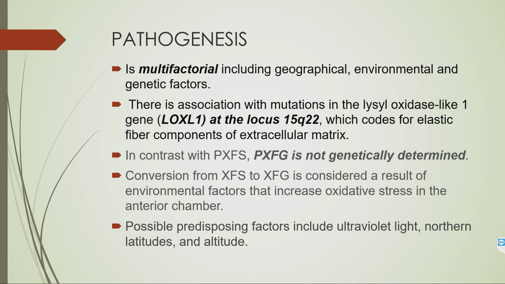A few words about the pathogenesis. It's multifactorial; geographical, environmental, and genetic factors play a role. But PXF glaucoma is not genetically determined. And the conversion from XFS to XFG is considered a result of environmental factors.